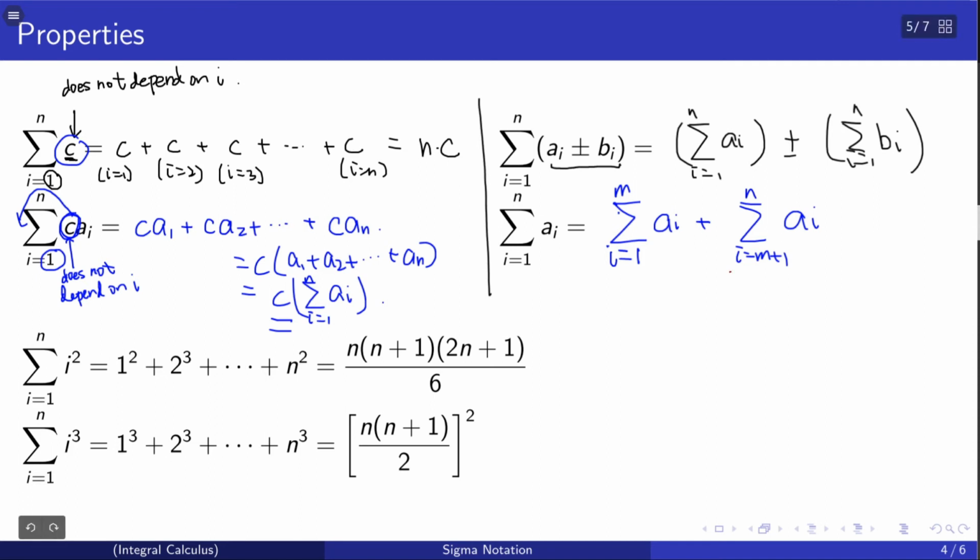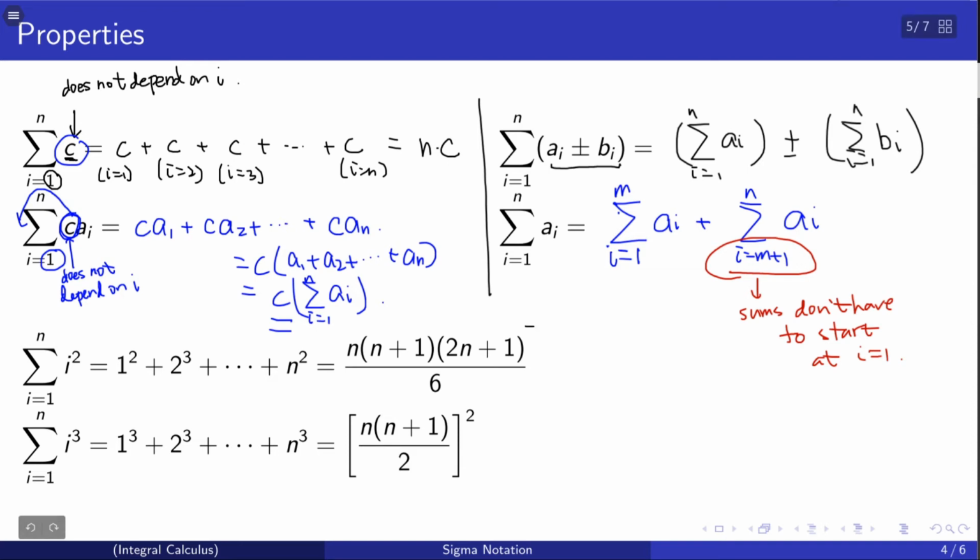And really, just to point this out, sums don't have to start at 1. This will be helpful for us down the road once we get into integral calculus and sequences and series.